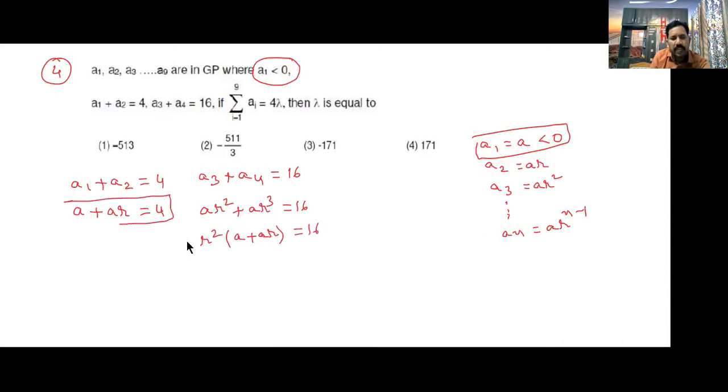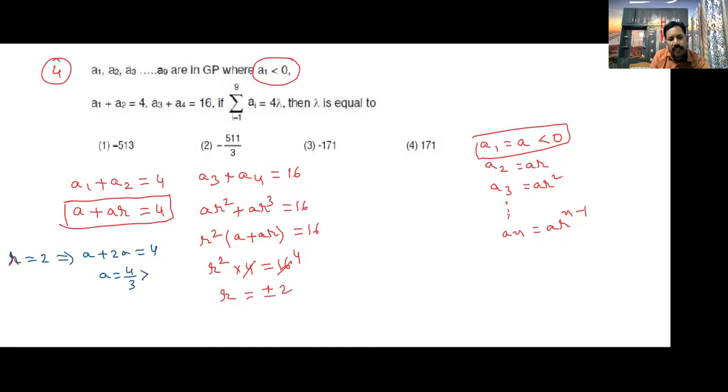Already we know the a plus ar value, substitute: r square into 4 is equal to 16. 4 4s are 16. Then the r value is plus or minus 2. Substitute r value 2. Then what do we get? a plus 2a is equal to 4. 3a is equal to 4. The a value is 4 by 3.